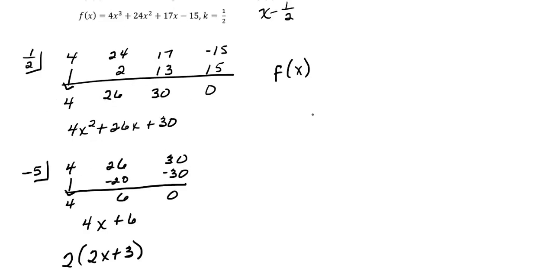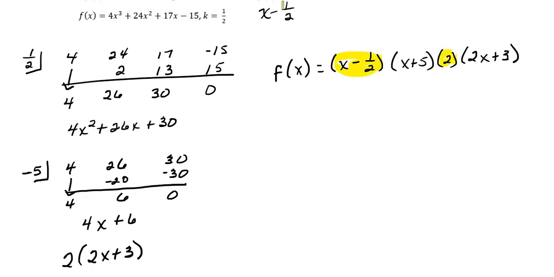So putting all of this together, I'm starting off with a factor of x minus 1/2, and then I have a factor of x plus 5, and then a factor of 2, and then 2x plus 3. I'm going to take this factor of 2 and multiply it by this factor of x minus 1/2.